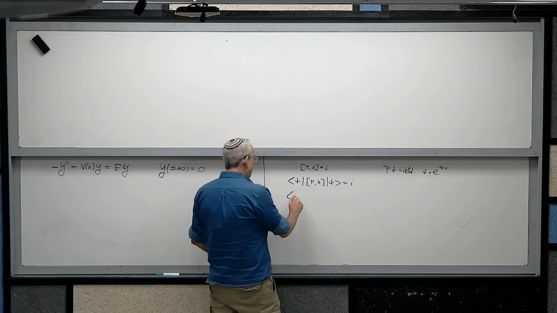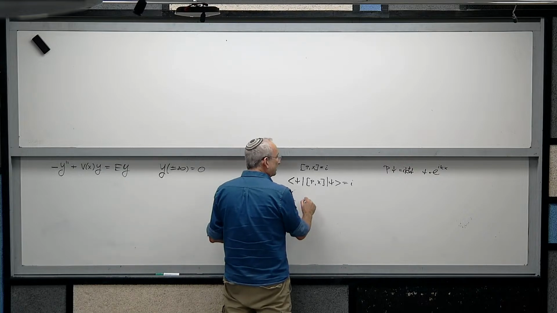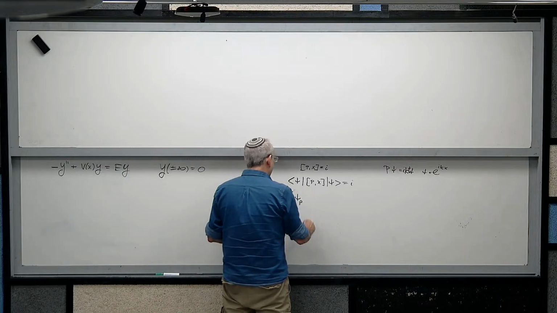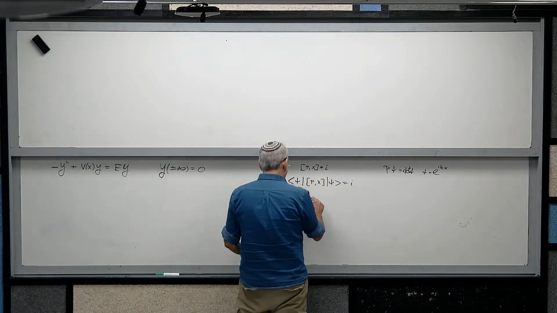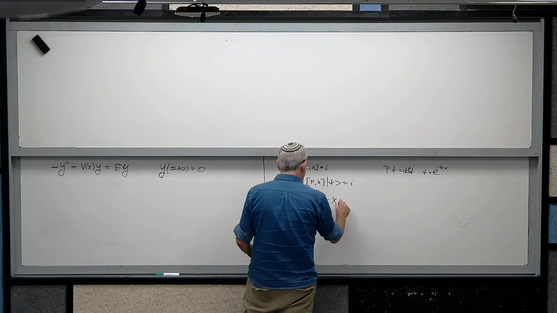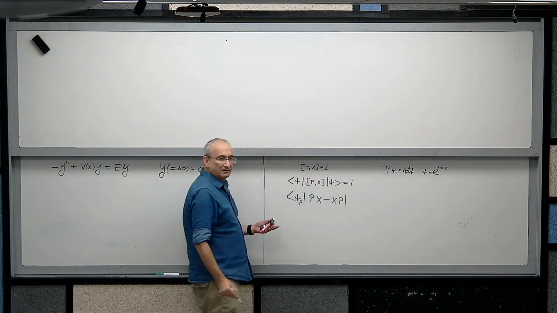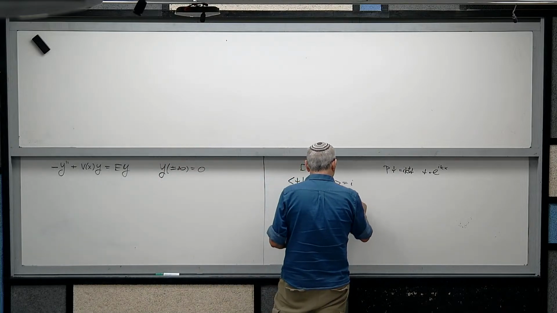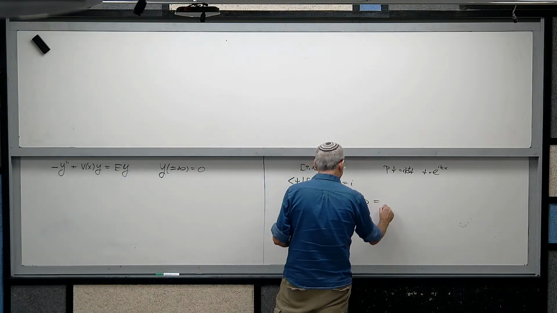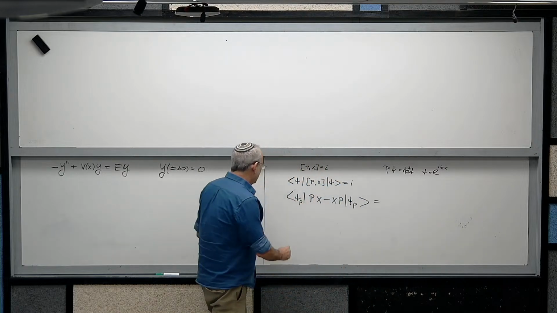So I'm taking, let's call it psi p. Psi p is the eigenfunction of the operator p. And here I will write px minus xp. That's legal, right? Because this is just a commutation relationship, right? And now I am writing psi p here and close the bracket.